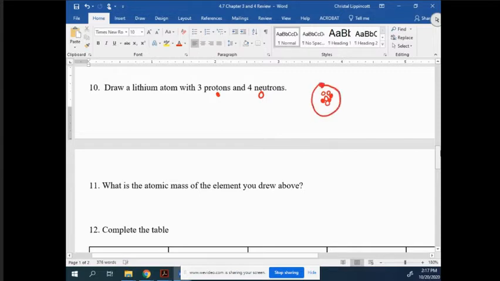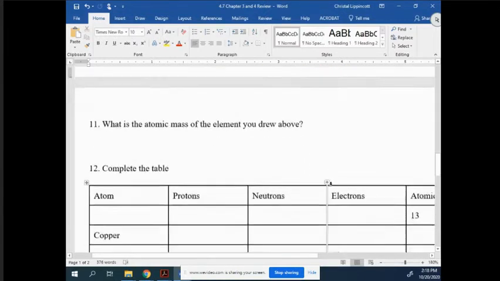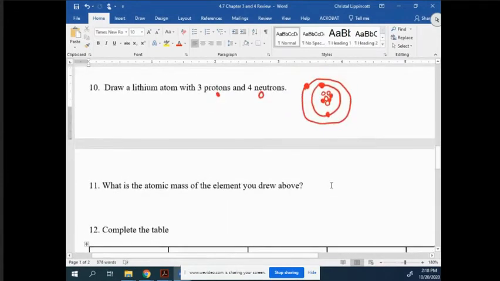I would have 2 electrons out here, and I would end up with 1 electron out here. And we'll talk more about how many are in each shell and that sort of thing when we get to next chapter. What is the atomic mass of this? This would end up being 7 for its atomic mass because we have 3 protons and 3 neutrons.